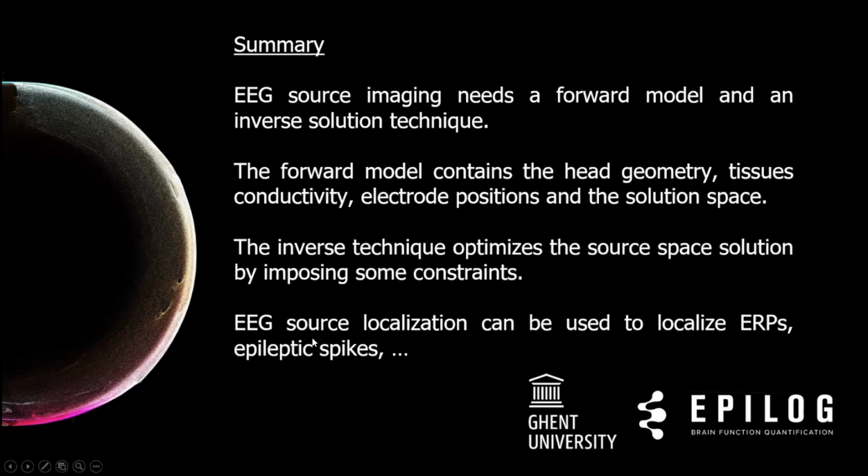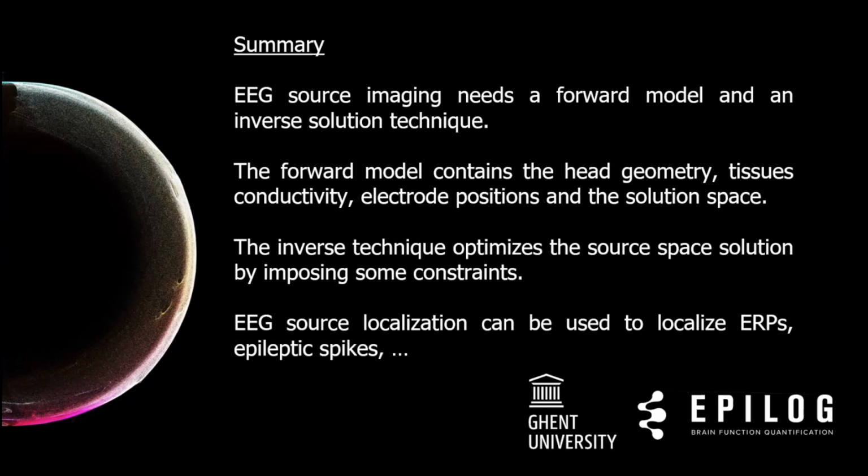And EEG source localization, or EEG source imaging, is very useful to localize ERPs, basically because EEG has a millisecond temporal resolution. We even have amplifiers now that record at a microsecond.